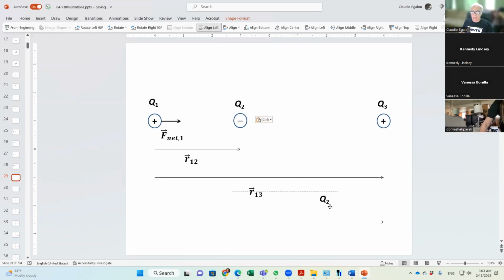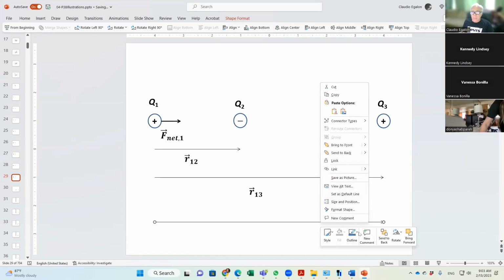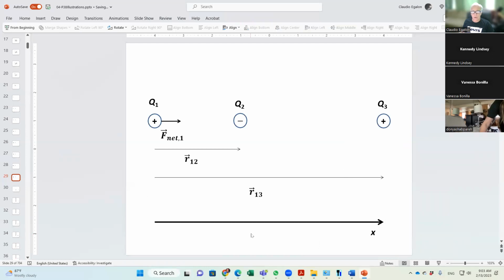I'm going to make it thicker so you can understand that there is a difference between those two lines. Here's the x-axis, here's the vector position from 1 to 3. I'm going to place it in the other slides as well.